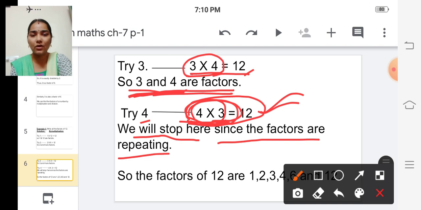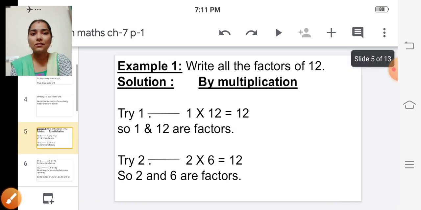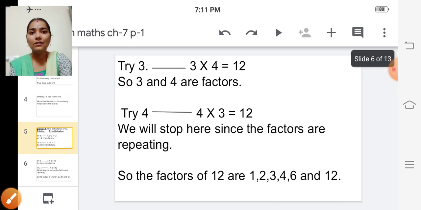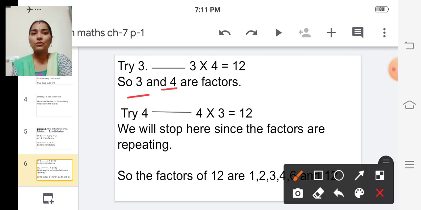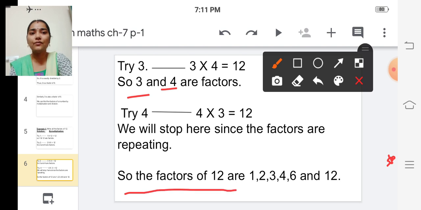So what are the factors of 12? 1, 12, 2, 6 and here 3, 4. So the factors of 12 are 1, 2, 3, 4, 6 and 12.